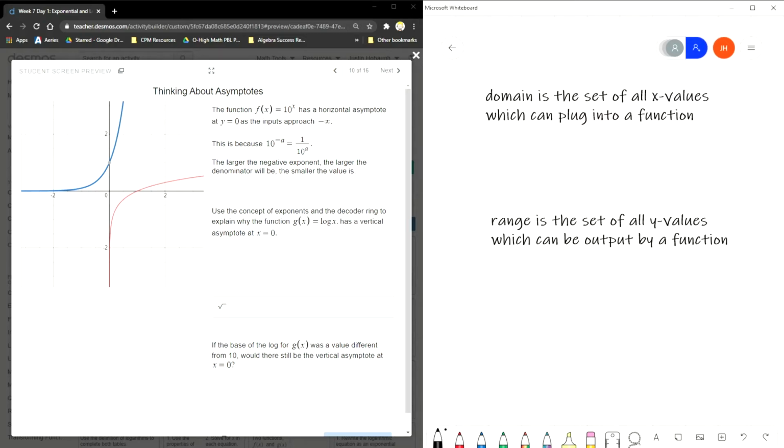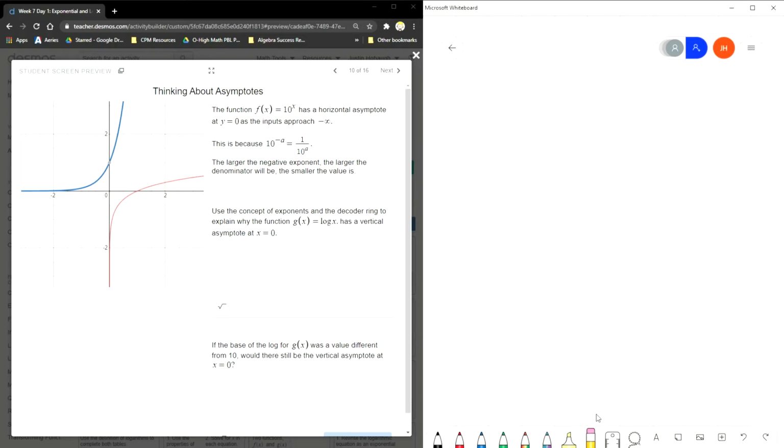So let me write that down here. We said the limit as x goes to negative infinity. Remember, we talked about limits before. When I have 10 to the x, that will equal 0. And the reasoning is explained here, but basically, what is 10 to the negative infinity?